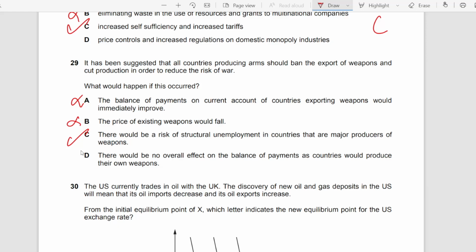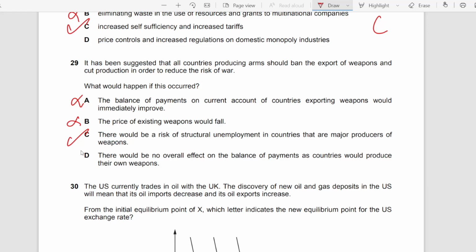Labor is a derived demand, so any demand for these employees, these workers, would depend on the demand for the products that they produce. Right, so if they're producing weapons, and if there is not going to be any export of the weapons, then why would they produce these weapons?